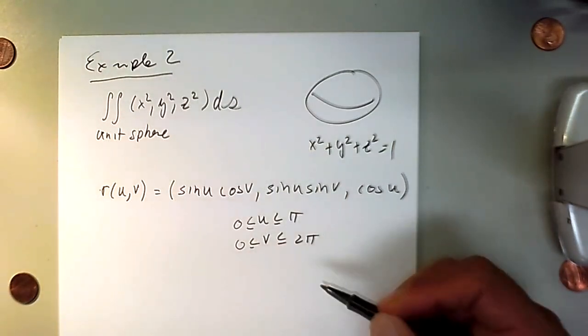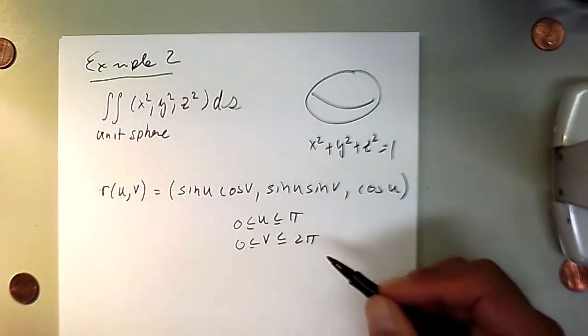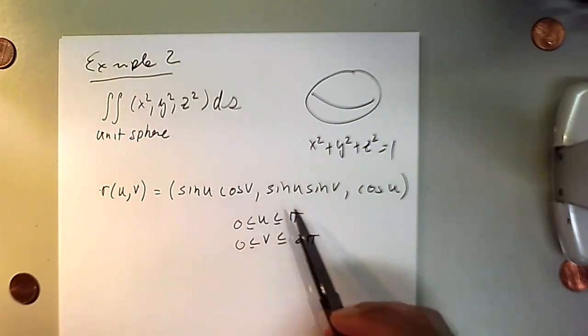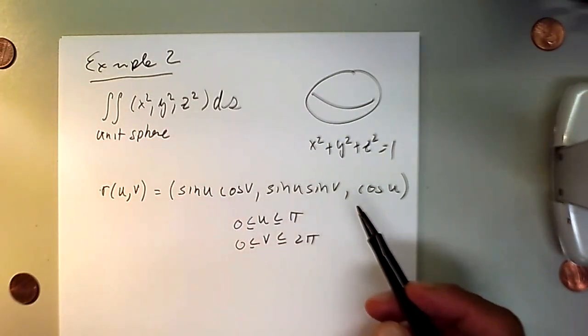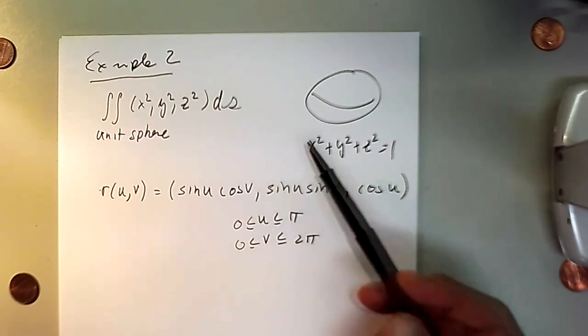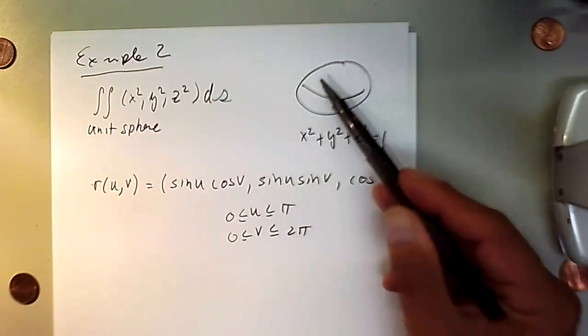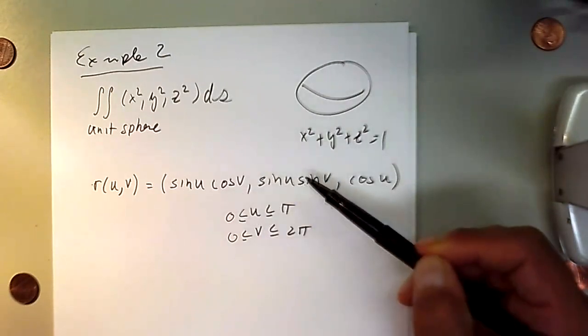And of course, if you remember well, this is very much the same thing as spherical coordinates, because it's very easy to come up with a sphere using spherical coordinates.